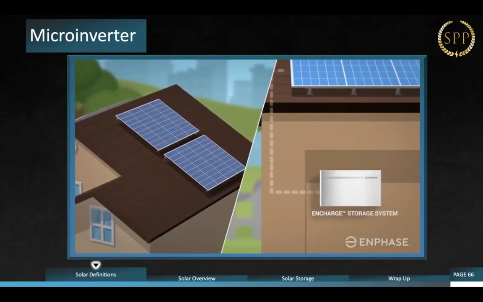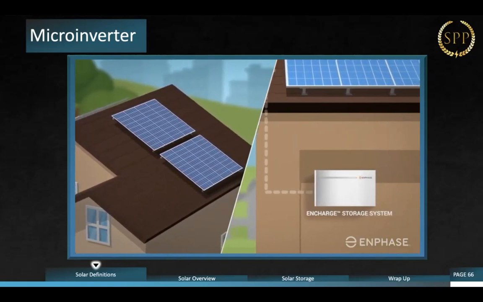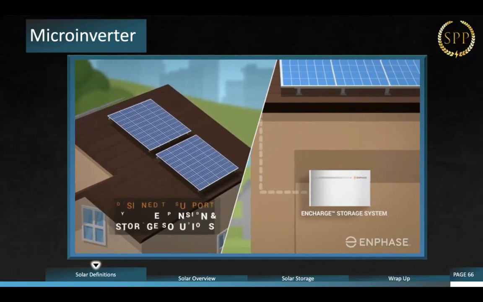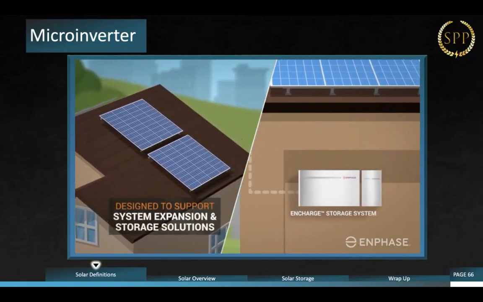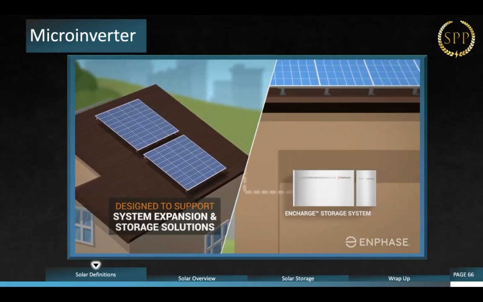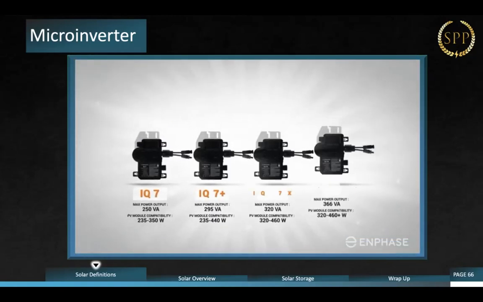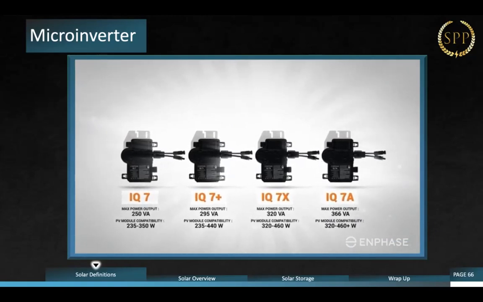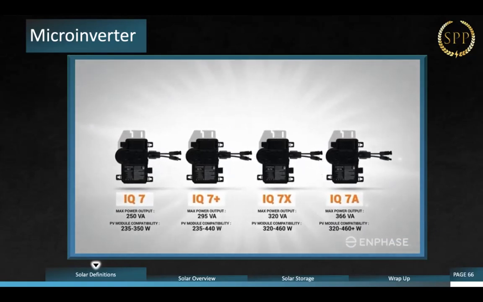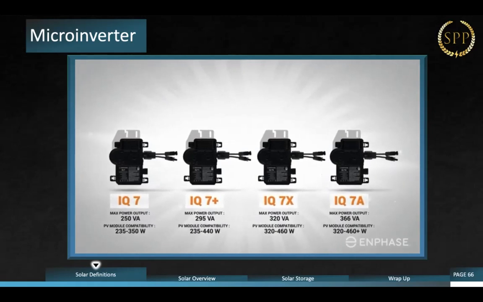The modular and flexible architecture of the Enphase IQ7 microinverter has been designed to support system expansion and storage solutions available today and in the future. Choosing the best inverter technology is one of the most critical decisions to make when going solar. By choosing Enphase, you can be assured that you've made the right choice.